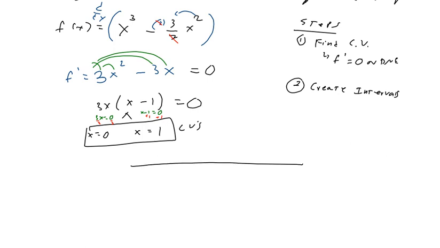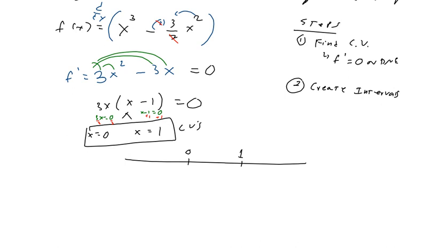Come on now, draw a straight line. Good enough. I have 0 and I have 1, and I have everything to the left of 0, to the right of 1, and between 0 and 1.